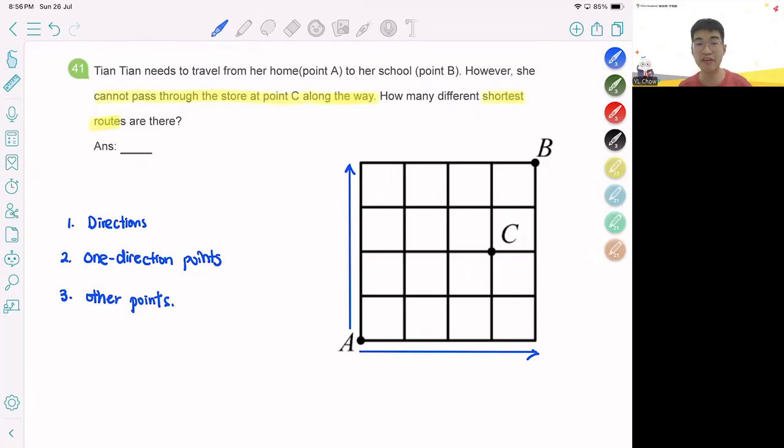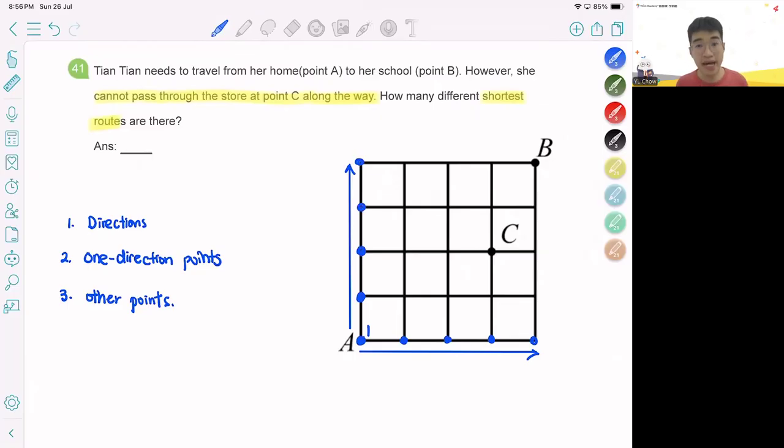Next, we try to find the one direction points. This is the starting point. I have one way to go from my starting point to my starting point, which is just to not go anywhere, just stand there. But which are the points that I can reach from A by only going through one direction? Either you go all the way to the right, which will be these points, or you go all the way upwards, which are these points.